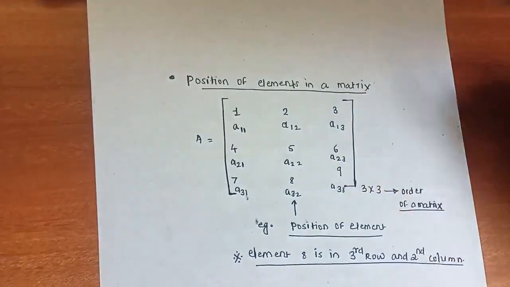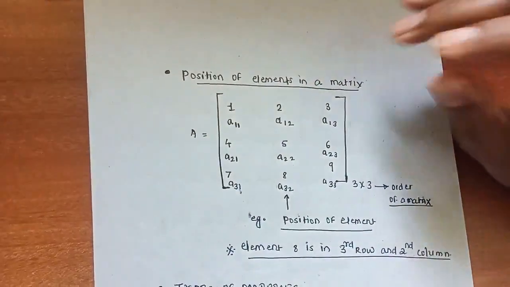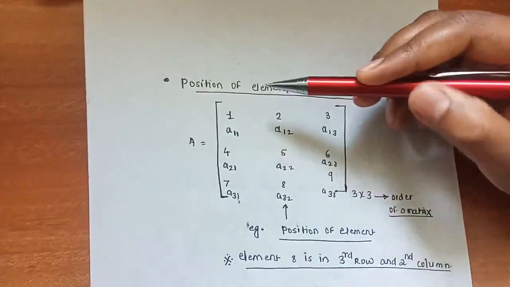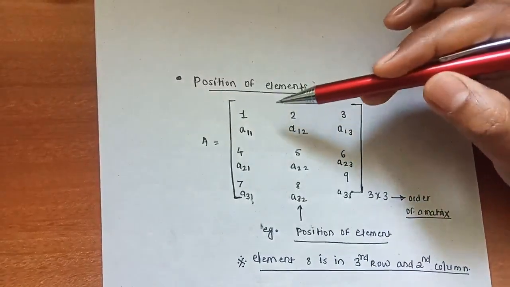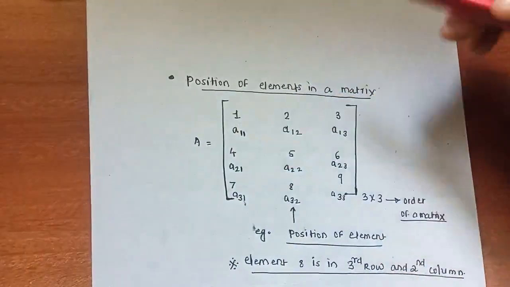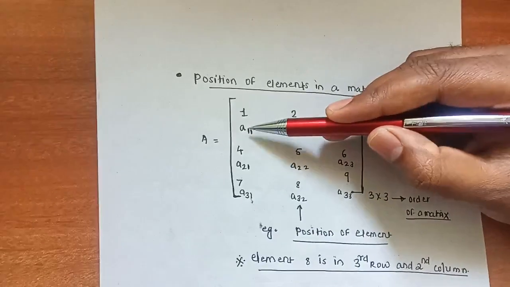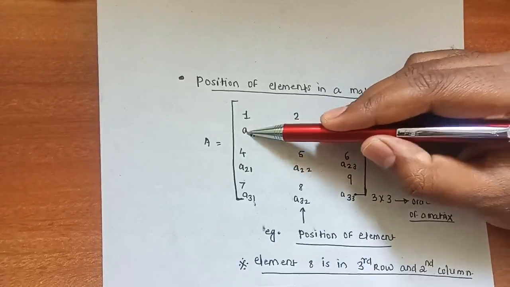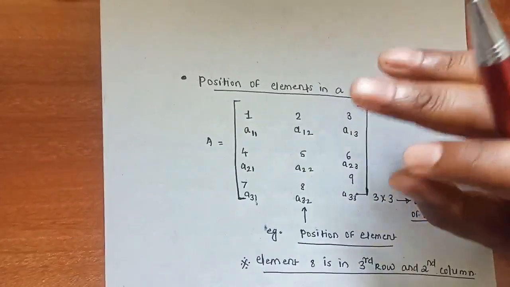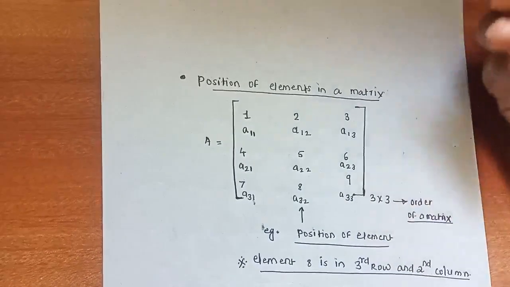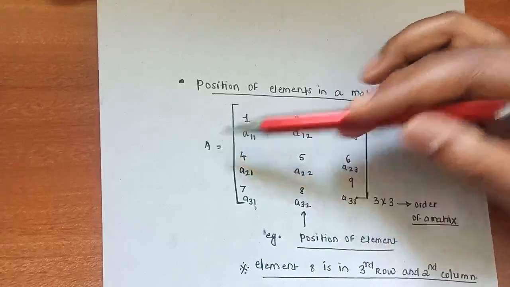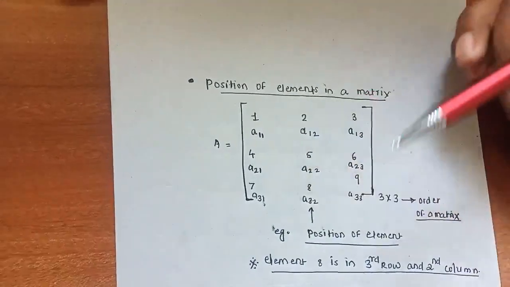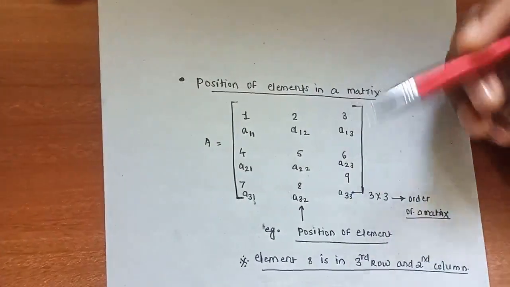Now every element has a specific position. Suppose I talk about 1. This 1 indicates the position in the first row and the first column. So I can say a11. This small a is not any specified one, but since I represented this matrix as a capital A, I have taken the small a here; that's up to you, you can give anything to it.